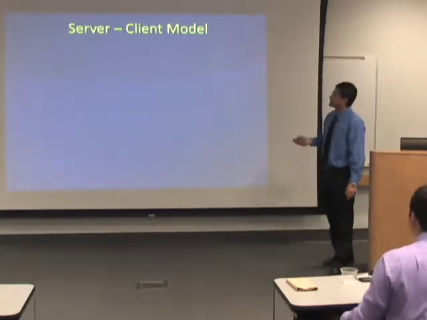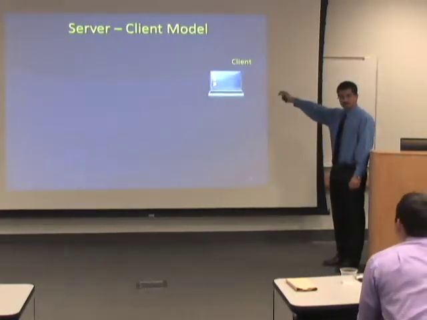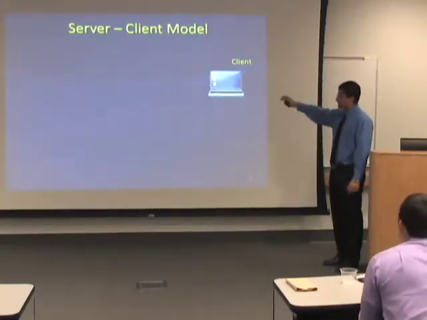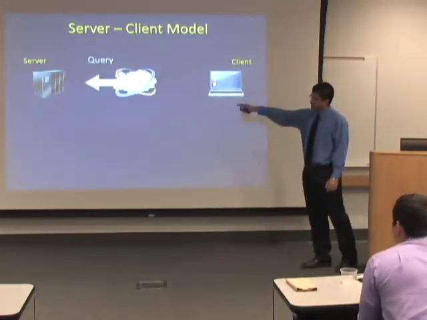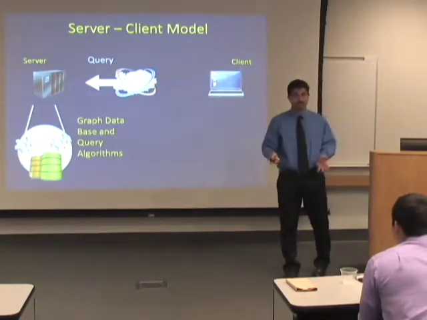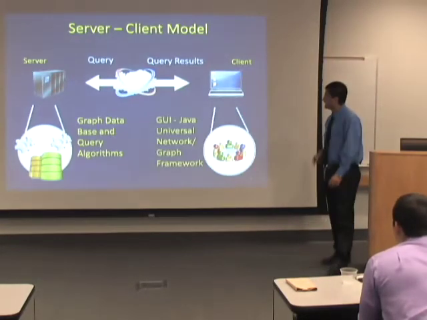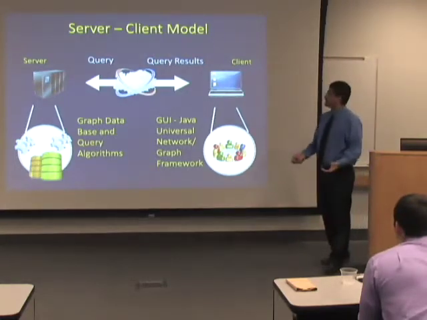So we have to implement a server-client model, where we have a client, your computer, your tablet, that runs the software, submits a query to a server, then that server picks an algorithm that traverses the data set, returns back a query result, and will use JUNG, the Java Universal Network Graph Framework, to display it.